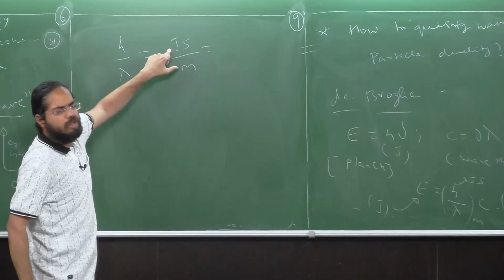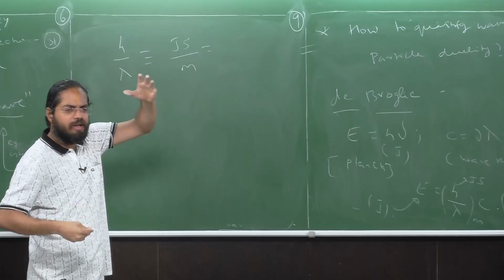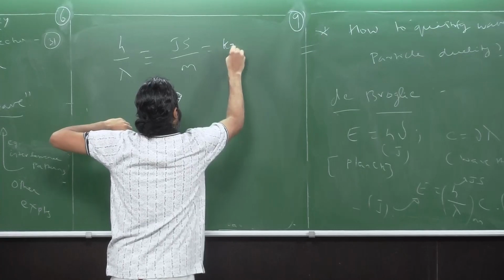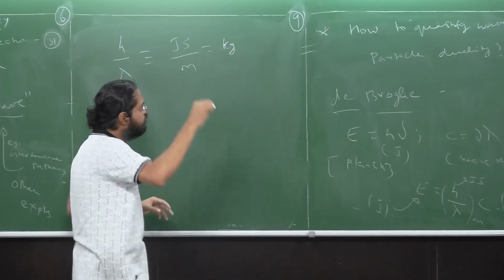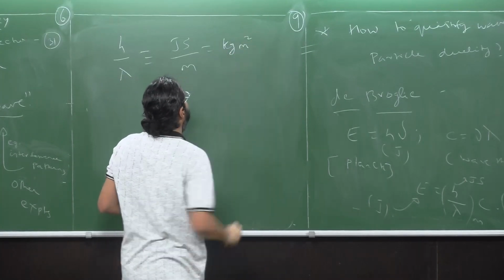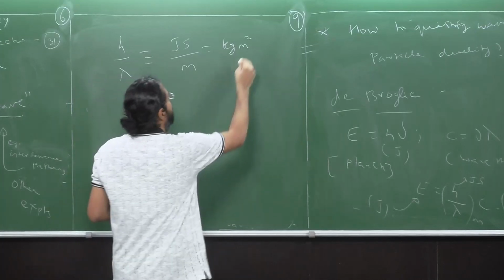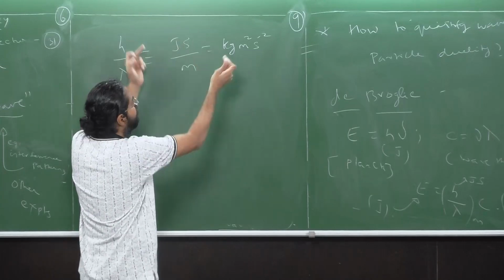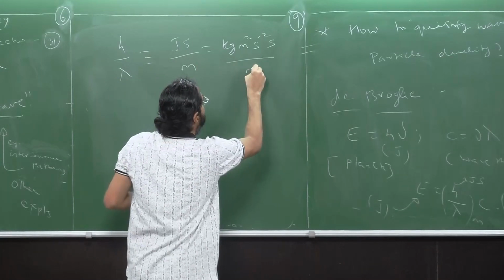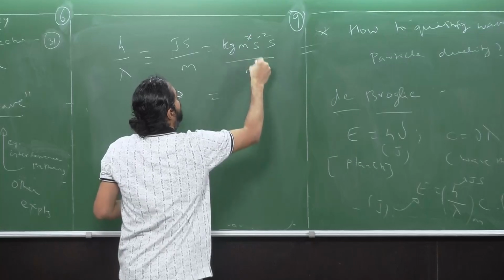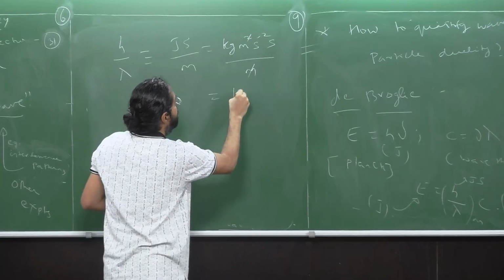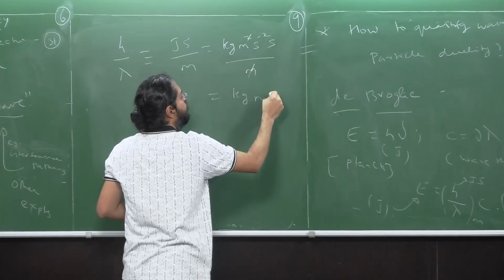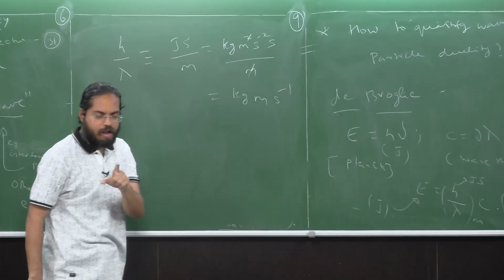Now, what is a joule? You can think of a joule, the easiest way, as E equals half mv square. So that's going to be kilogram meter square s to the power minus 2, in SI units. And the seconds is of course going to be s, and this is meter, which is effectively going to be kilogram meter, this is plus 1 and minus 2, and this is per second. Are we good?